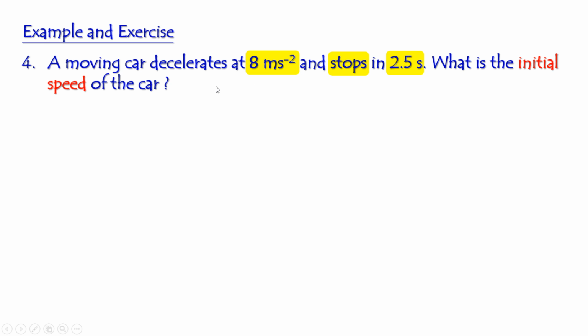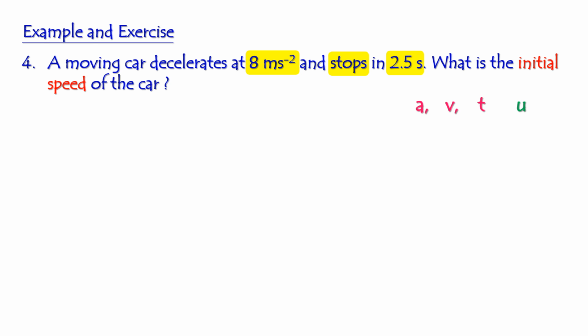It is moving at the beginning and then stops finally in 2.5 seconds. So this one is the final speed. So in this question, you have the acceleration, the final speed, and the time taken, right? The question asks you about the initial speed of the car.